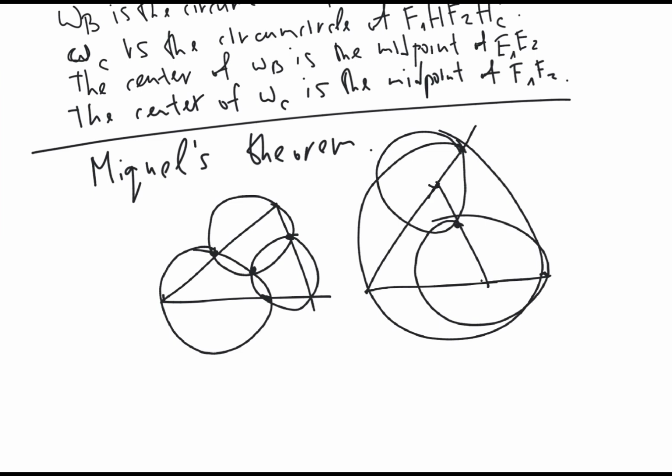Then these three circles must have a common point. They must intersect at a single point. On this picture it doesn't look that way, but it's because I didn't draw this circle correctly.